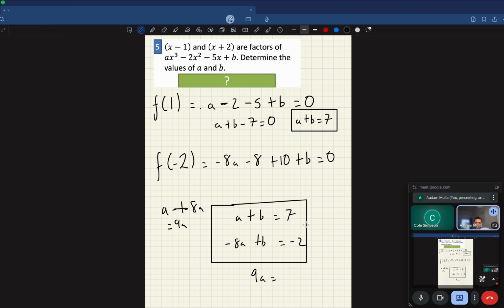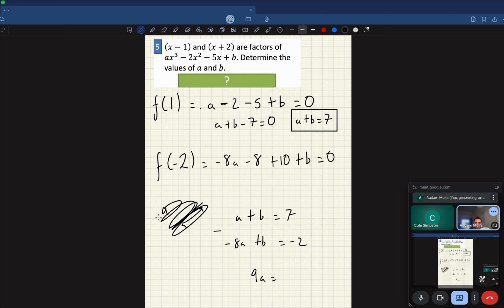So you've got 9a for the left, and then 7 take away -2. 9 equals 5. 7 take away -2. 9. Yeah. So A equals 1. Yeah, good.